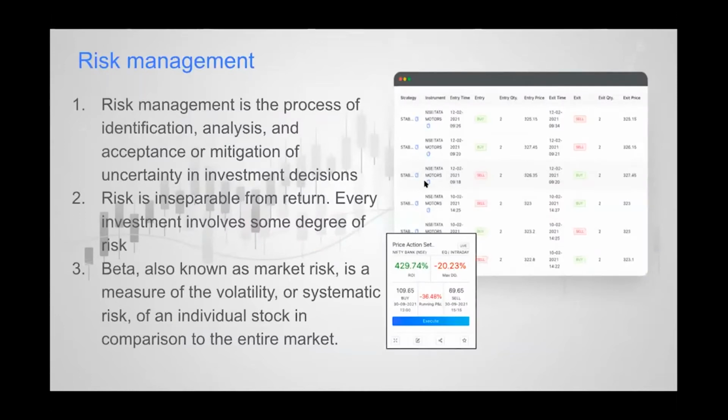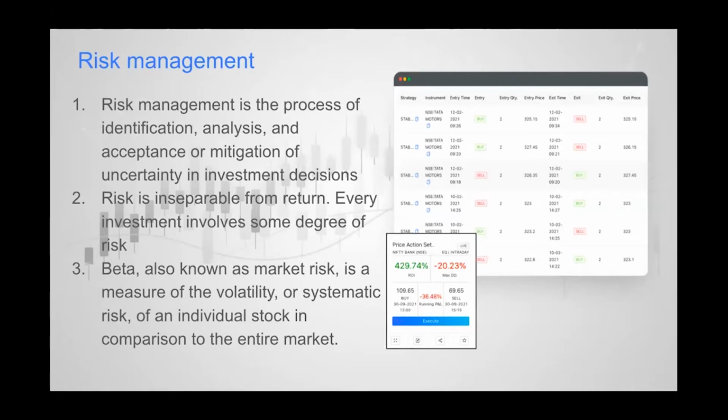Basically, risk management is a process to identify and mitigate the uncertainty in investment or trading decisions. You cannot separate risk from returns. If you think we can do trading without taking risk, it's not possible. That's a thumb rule you need to cope up with.